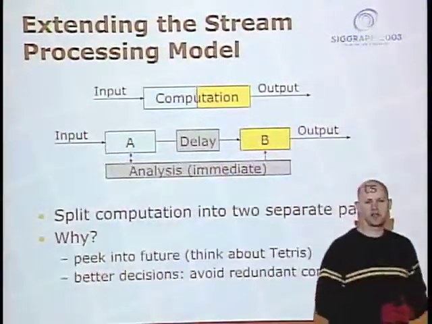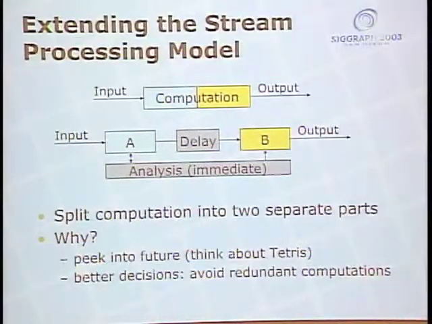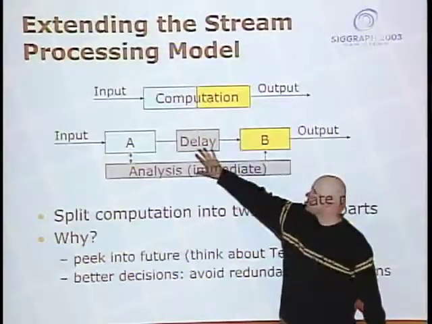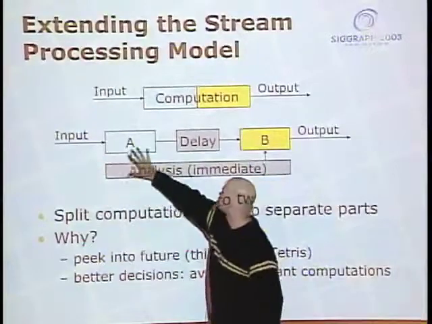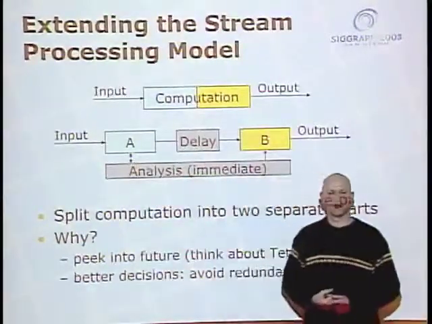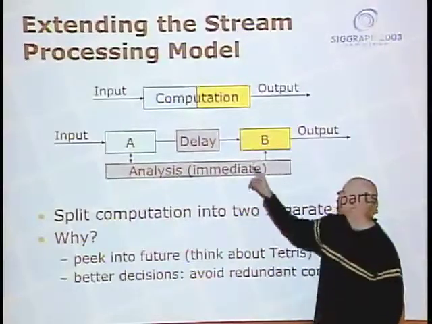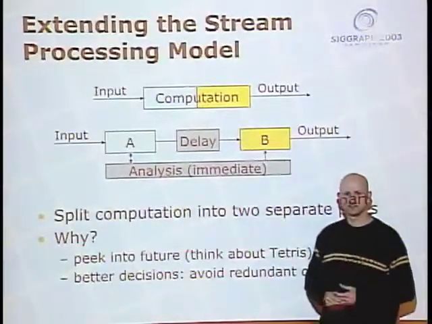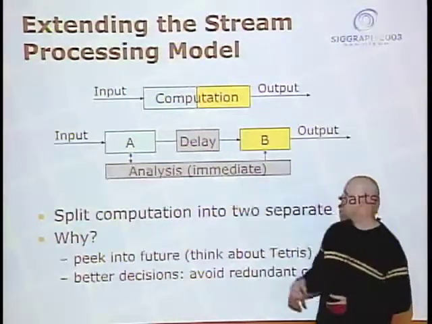And they said, all right, we're all optimized for bandwidth here. Latency isn't such a big deal. What we're going to do is put a delay stream in here where a bunch of triangles come in, and they just sit there for a while. They sit in this big queue, just waiting in line, and then eventually they're going to reach the next stage. But we're going to do some analysis on this immediately.